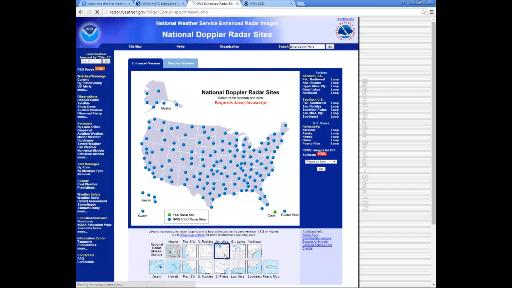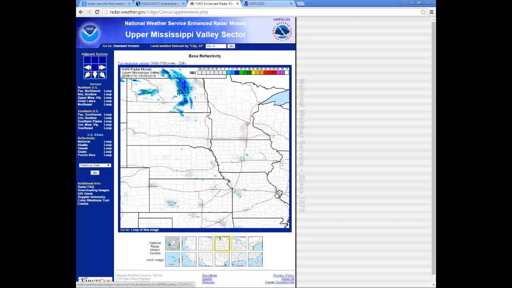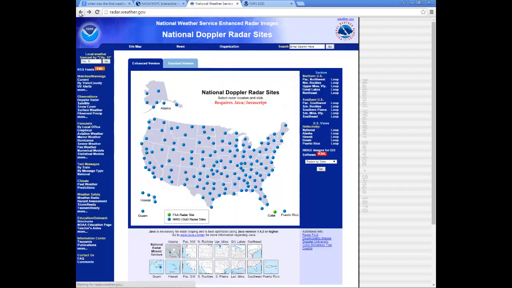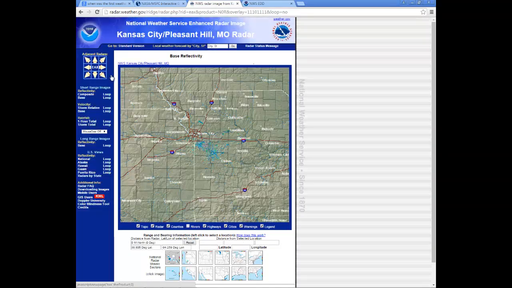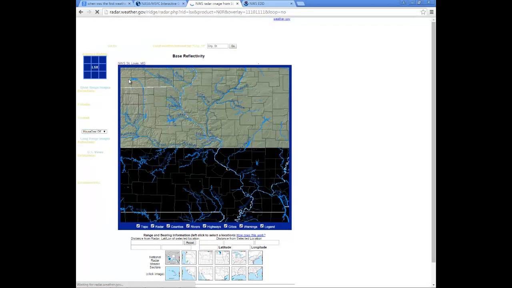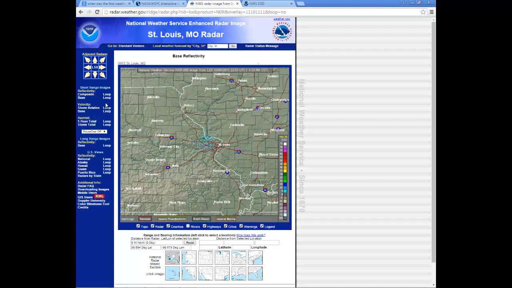Unfortunately, the mosaic for our part of the country sort of cuts off right here in Missouri and Illinois. It's not my favorite site for looking at mosaic radar data, but you can drill down and look at any radar site that you like, and move with the arrows back and forth from, let's say, Kansas City to St. Louis, and you can look at velocity. There's not a whole lot on radar today because it's a clear day.